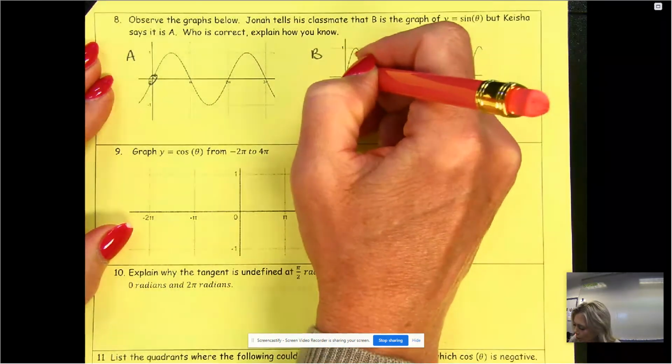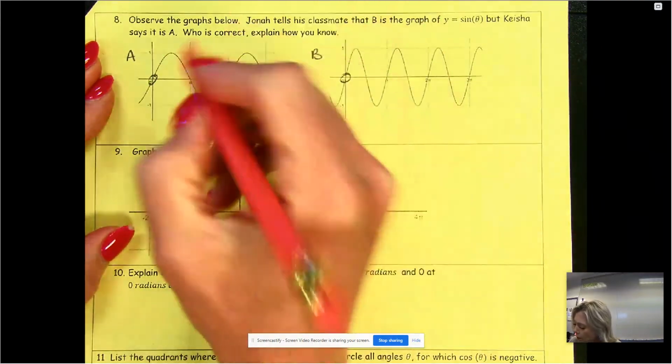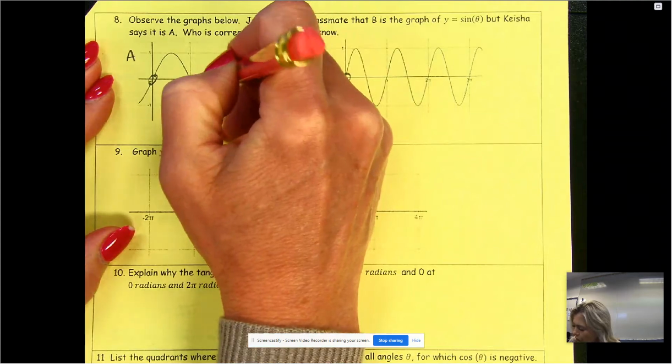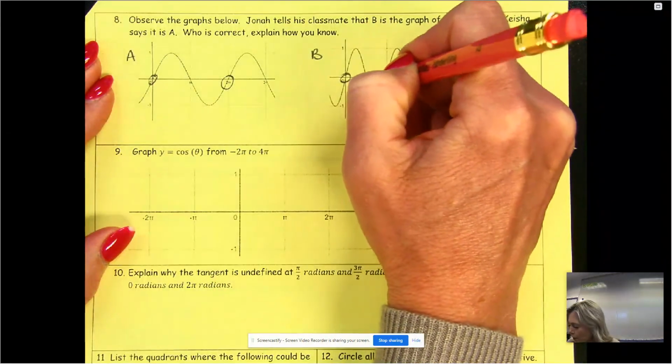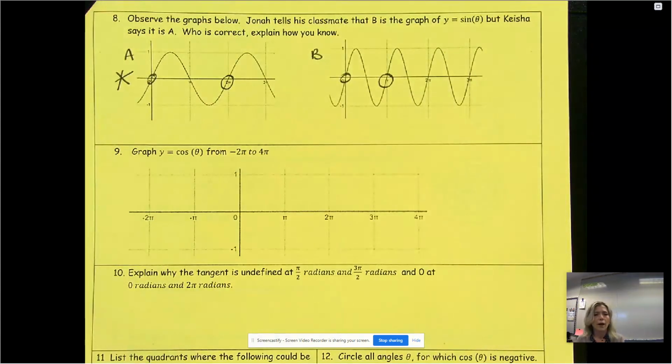So both of these start at 0. Both of them have a maximum of 1, a minimum of -1. But this one has a period of 2 pi. This one only has a period of pi. So A is the correct graph for the sine of theta.